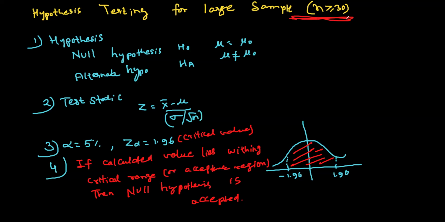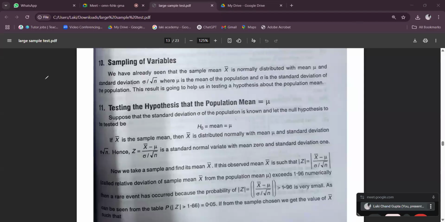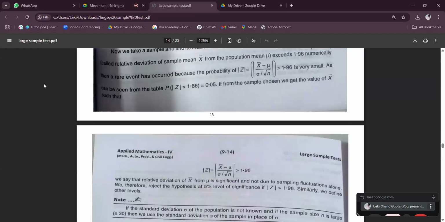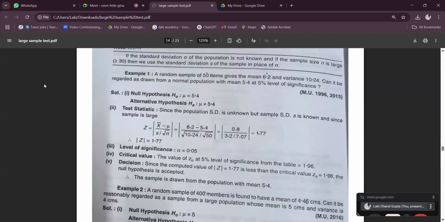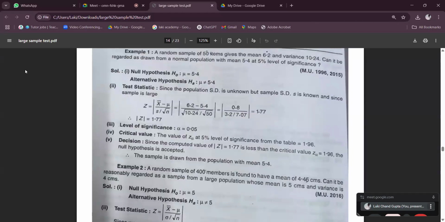We see with some examples. See the first question. A random sample of 50.